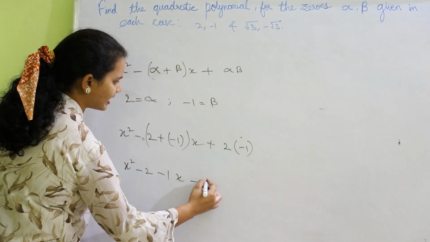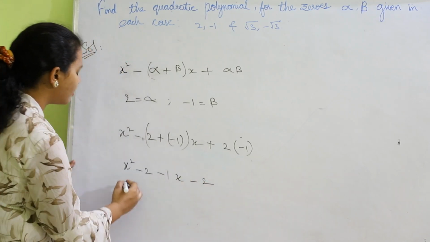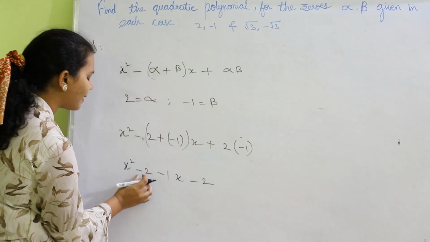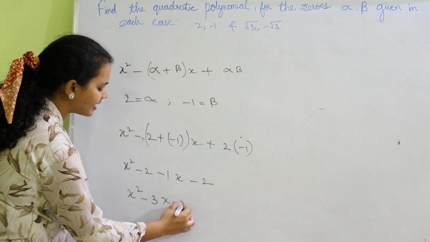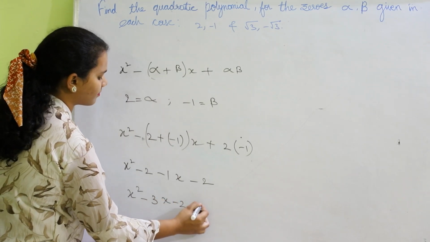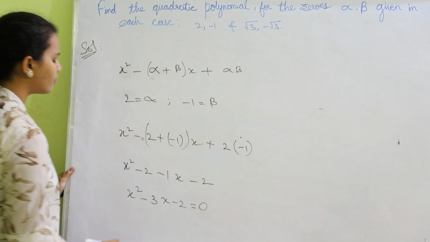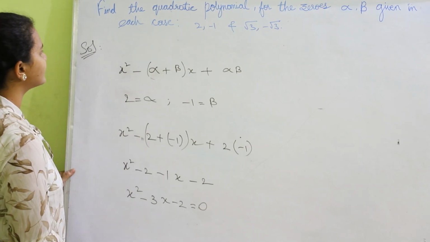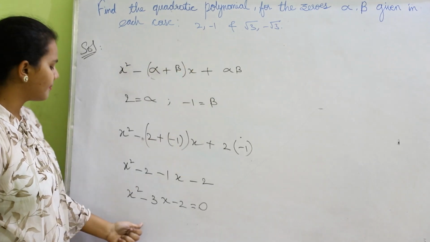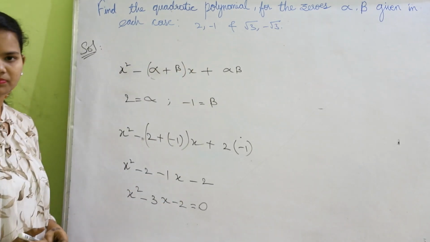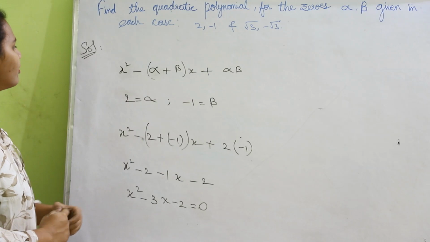Now x square minus 1x minus 2, which is equal to 0. So this is what we got at last. Therefore the quadratic polynomial for the zeros 2, minus 1 will be this. Clear?